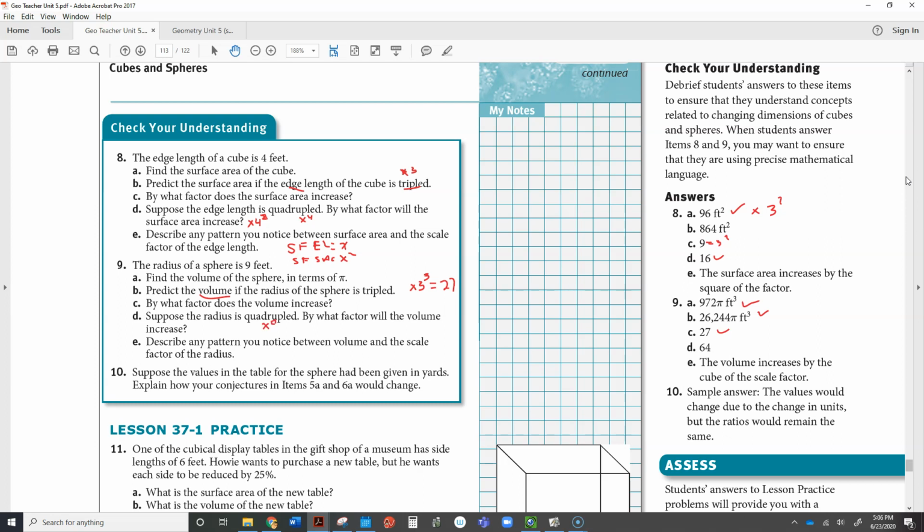Okay. Suppose the radius is quadrupled. That means times 4. By what factor would the volume increase? Times 4 cubed. So 4 cubed is 64. Describe any pattern you notice between the volume and the scale factor.